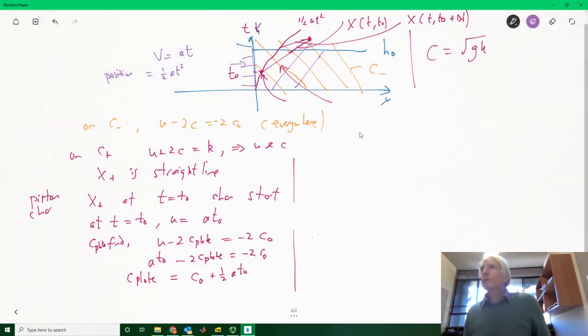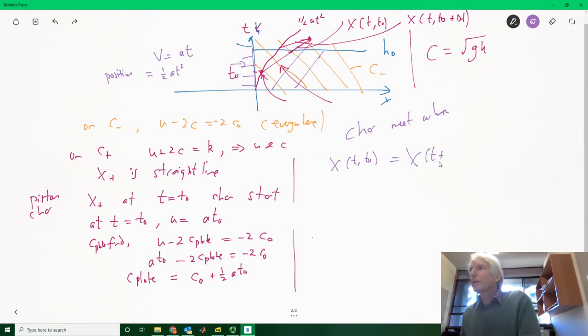So characteristics meet when x of t comma t naught equals x of t comma t naught plus delta t, and then we just expand that out and write this as x of t comma t naught plus delta t times dx/dt naught of t comma t naught.